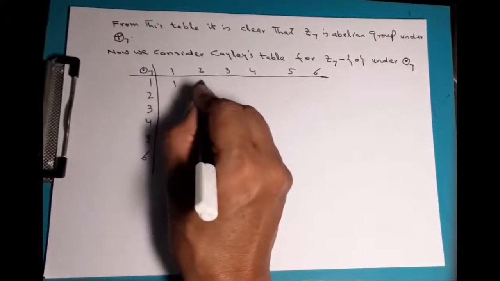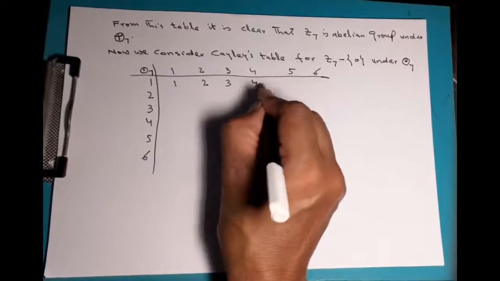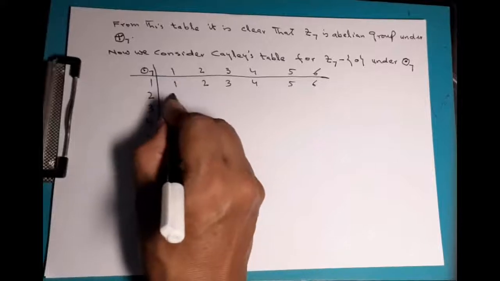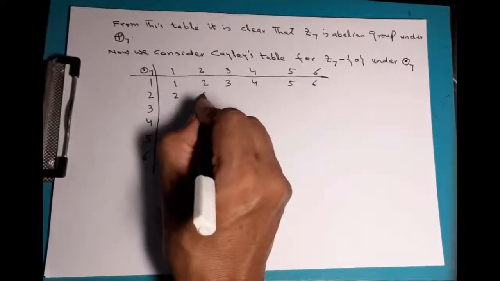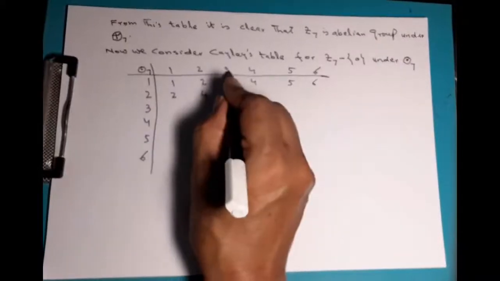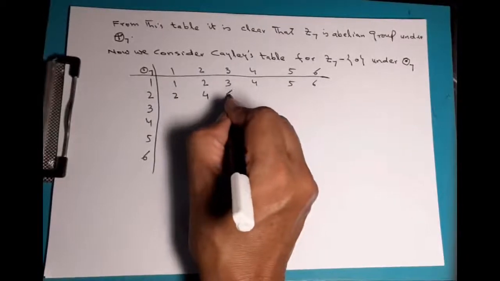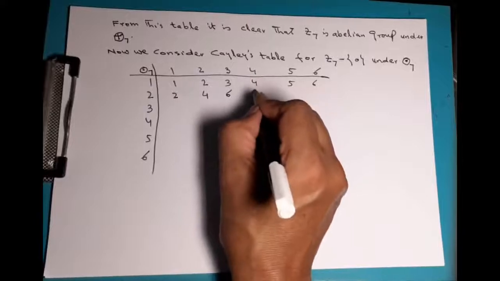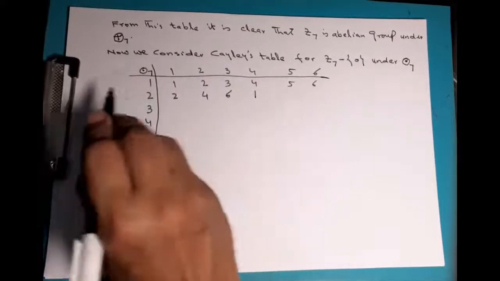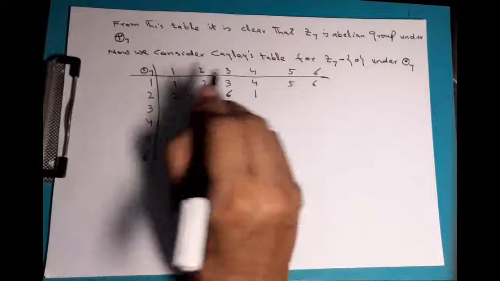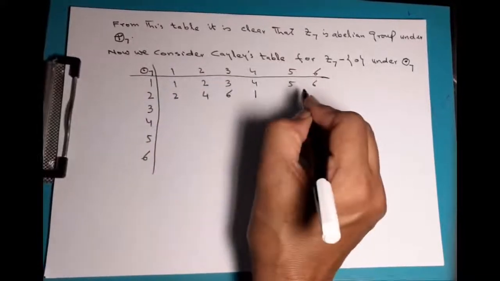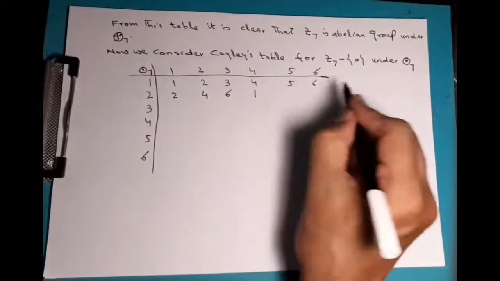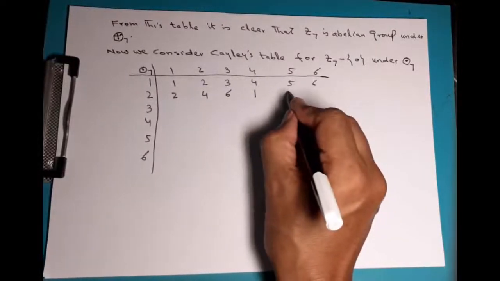It will be 1, 2, 3, 4, 5, 6, and then 2 multiplied by 1 is 2, 2 multiplied by 2 is equal to 4, 2 multiplied by 3 is equal to 6, 2 multiplied by 4 is equal to 8, and 8 will be 1 under multiplication modulo 7, because when you divide 8 by 7, remainder is 1, and other elements I just write, you can check on your own.